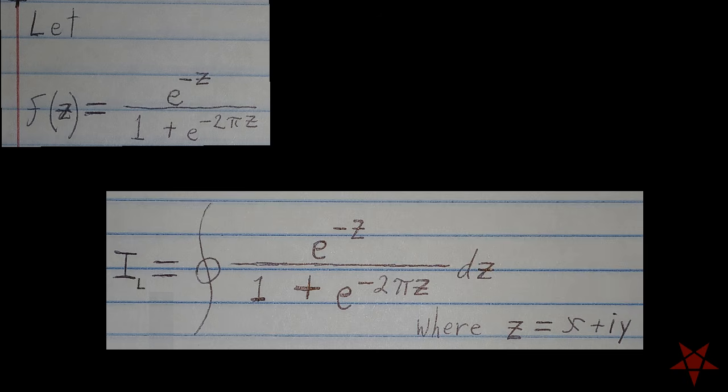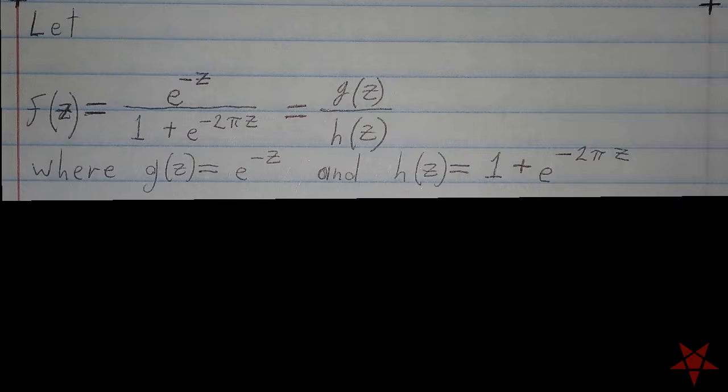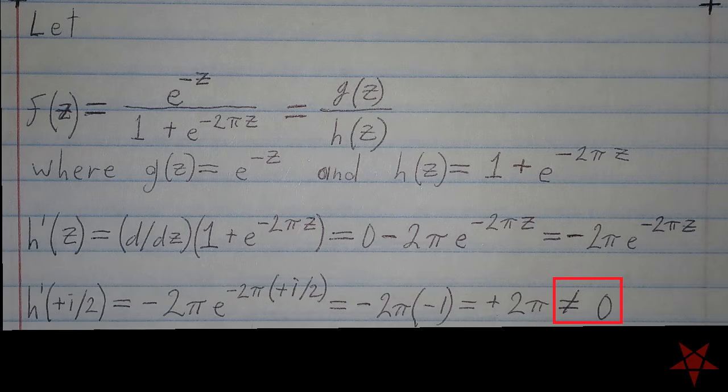Referring to the integrand of capital I sub L as f of z, we can now separate the numerator and denominator into separate functions. F of z becomes g of z divided by h of z. Evaluating the derivative h prime at I over 2, we see that the result is a non-zero value.